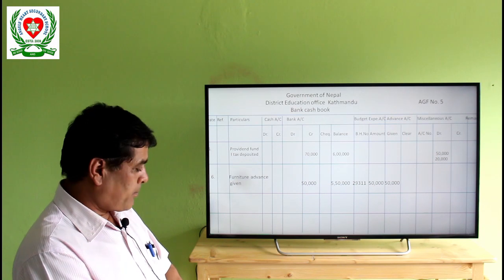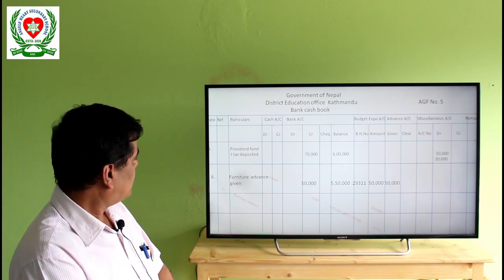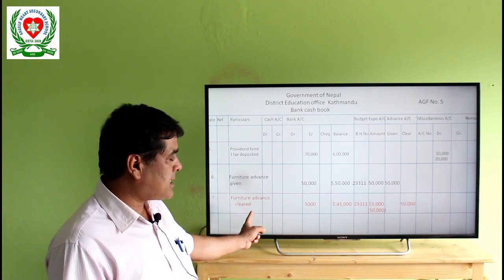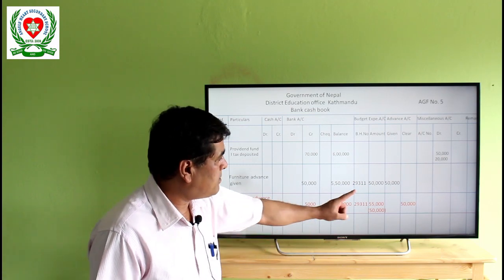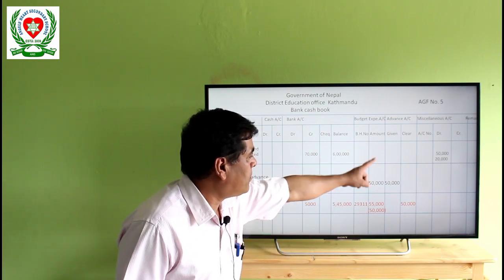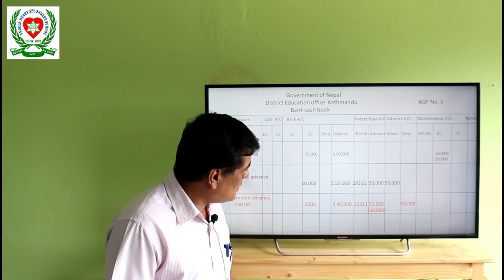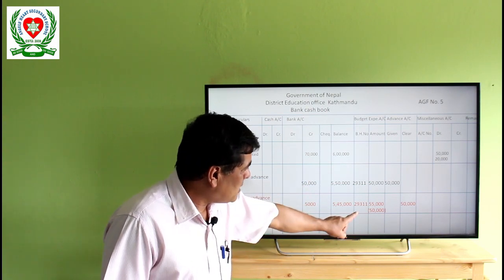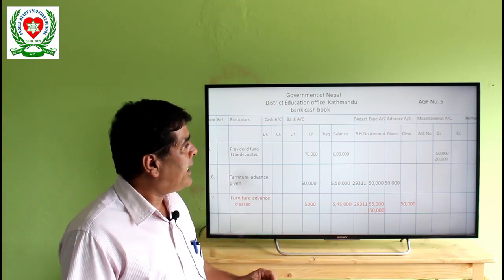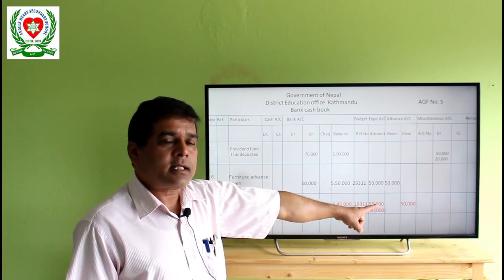And it is to be recorded in the bank cash book like this: furniture advance clear, that is 55,000 in the budget expenditure amount, and budget head number 29311, and advance clearance, it is advance clear.